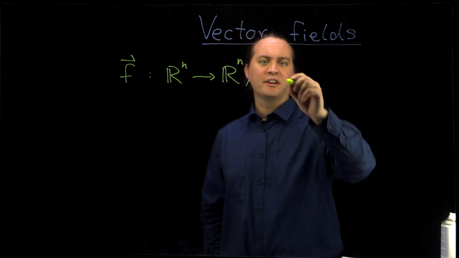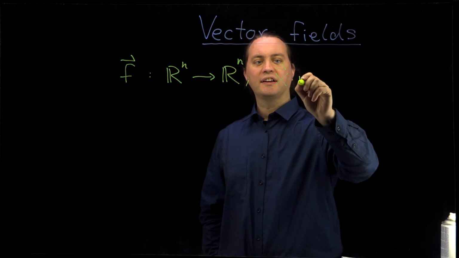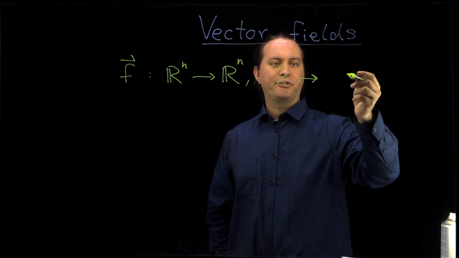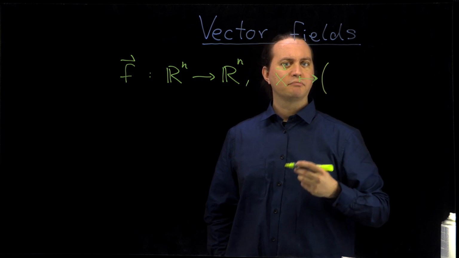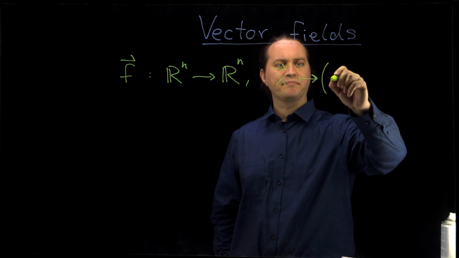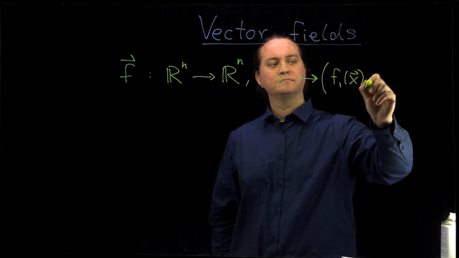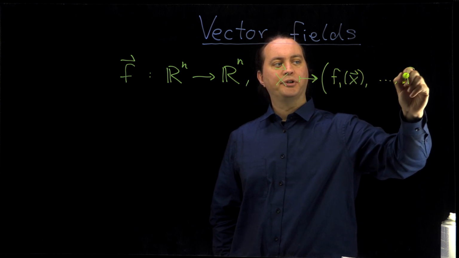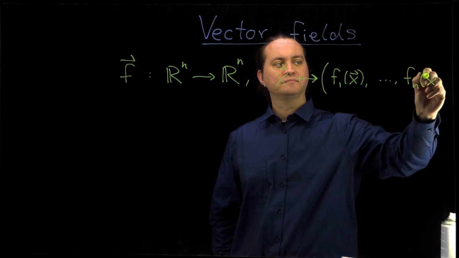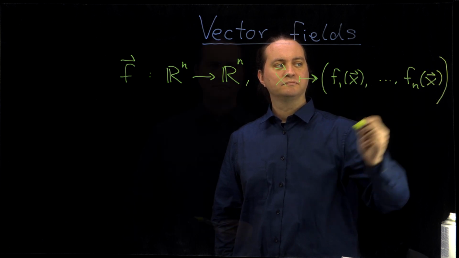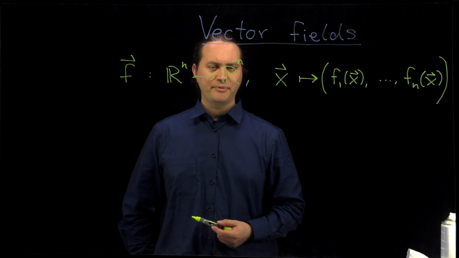And what it does is takes a vector and maps it to another vector with coordinates f1 of x and so on up to fn of x. Each coordinate is a function that itself will depend on x.